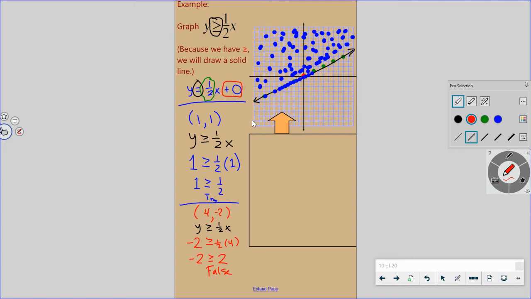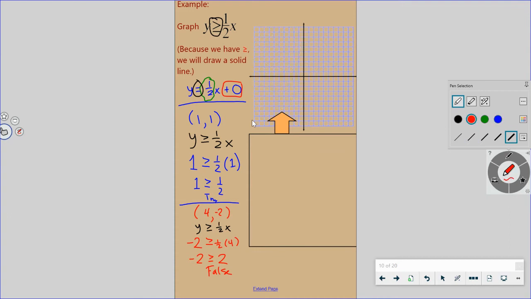So in the end, if I could just tidy this up a bit, we drew a solid line directly through the equation y is equal to 1/2 x. Because it had that or equal to, we drew the solid line.